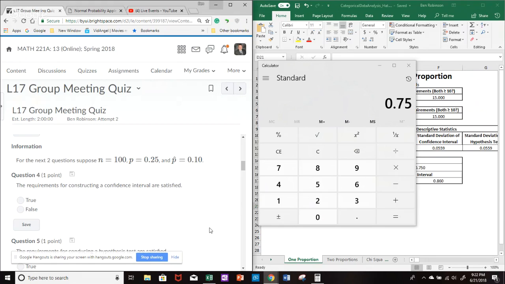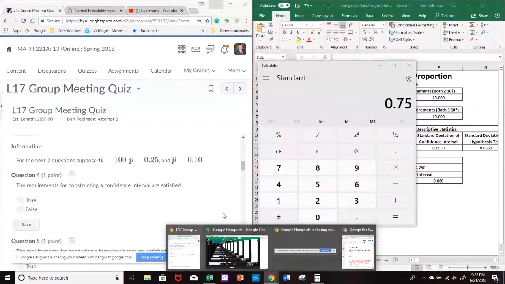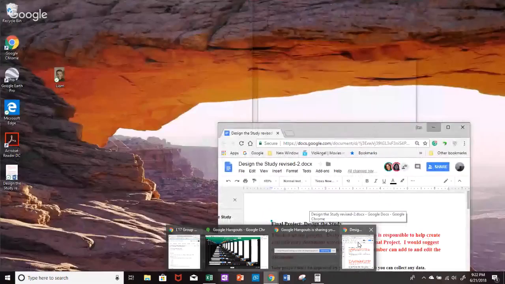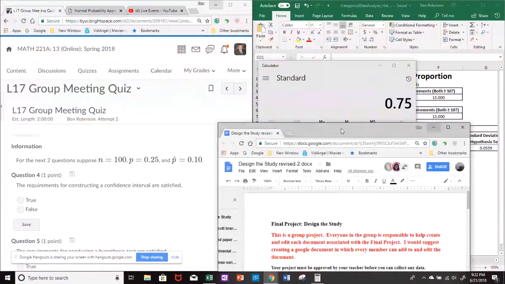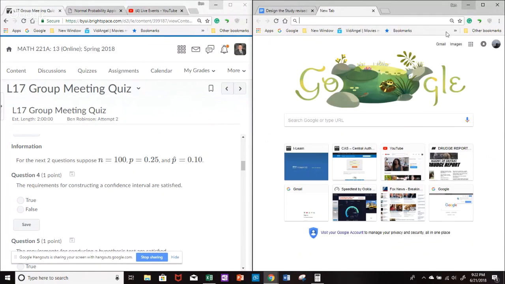Okay. I can take the next one. For the next two questions, suppose N is 100, P is 0.25, and P hat is 0.10. The requirements for constructing a confidence interval are satisfied. I think it's true.